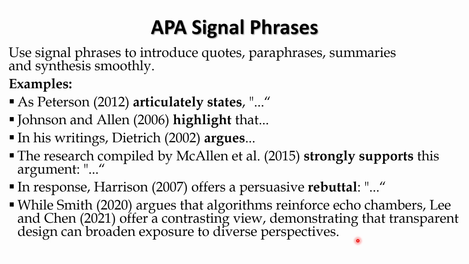One argues one thing, the other offers a contrasting view. The writer isn't just saying Smith said this and Lee and Shin said that. They are synthesizing. They are creating a mini conversation right in the sentence. That's synthesis. And it's the kind of move that takes your writing from a simple report to a genuine academic argument.